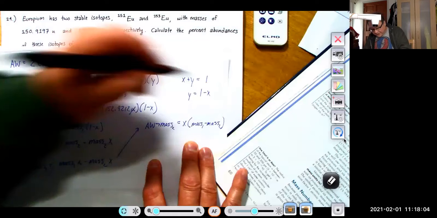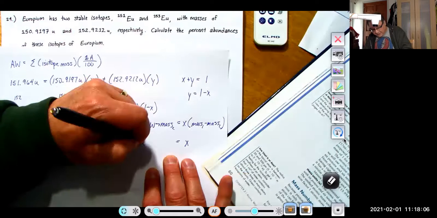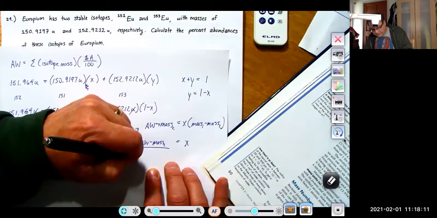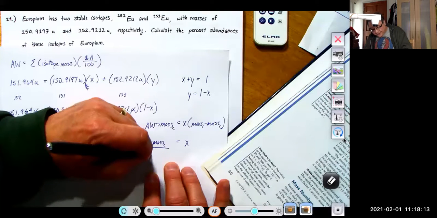So that means X is equal to the atomic weight minus the mass of 2 over the mass of 1 minus the mass of 2.